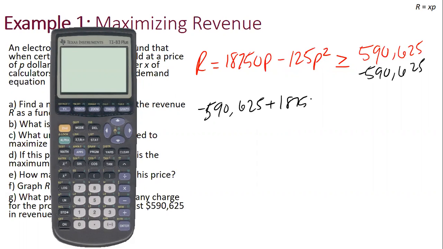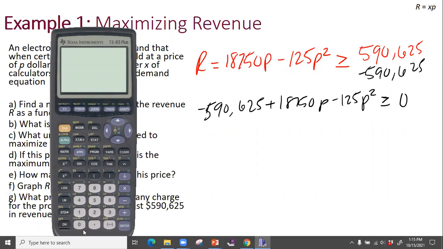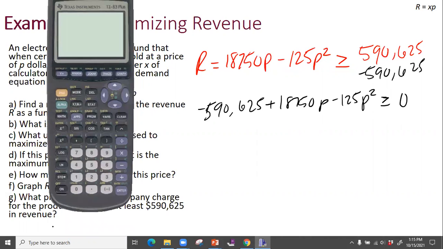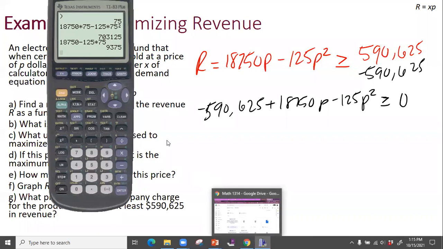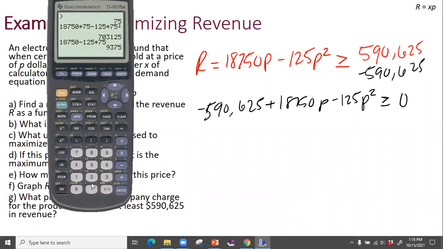Plus 18,750 P minus 125 P squared is greater than or equal to 0. All right. So now we either have to solve using the quadratic formula, or try factoring. We can try to make the numbers smaller, maybe by dividing by 125, if all these numbers are divisible by it, and see what happens.